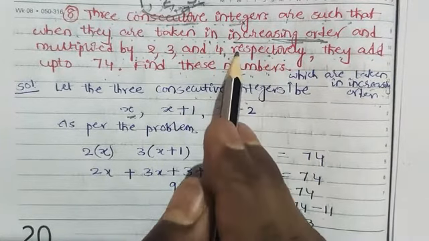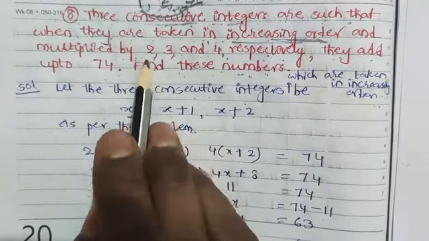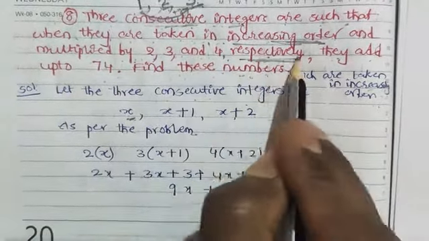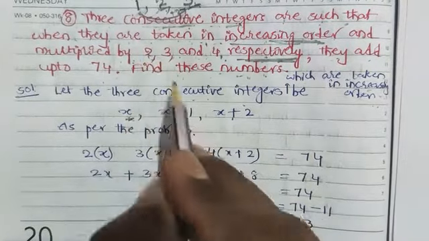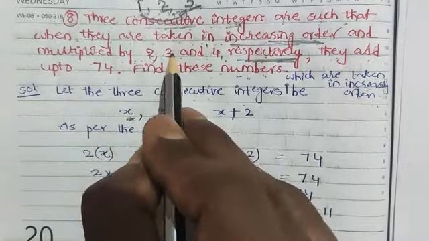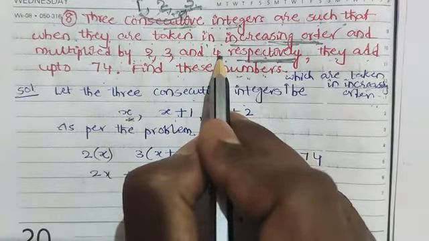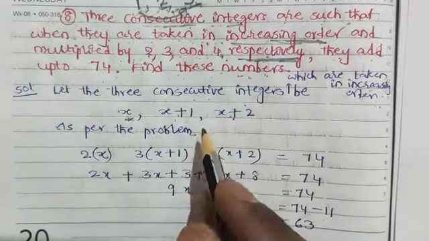The word respectively means the first one is multiplied by 2, the second integer by 3, and the third integer by 4. This is the way we have to solve the question.